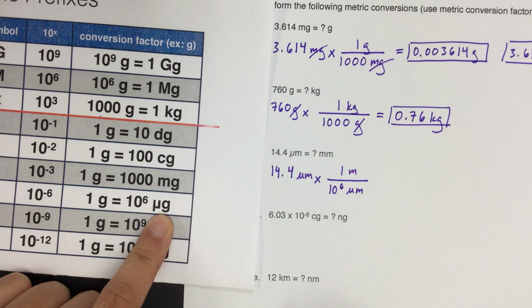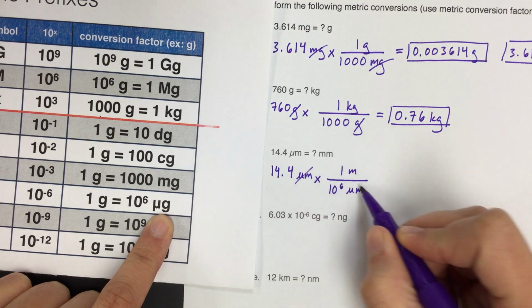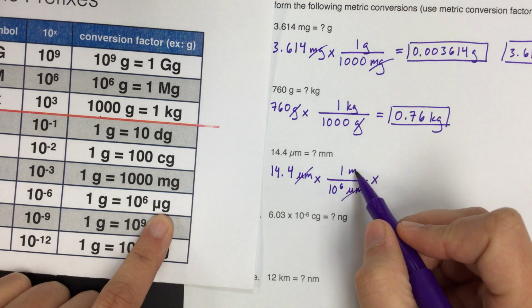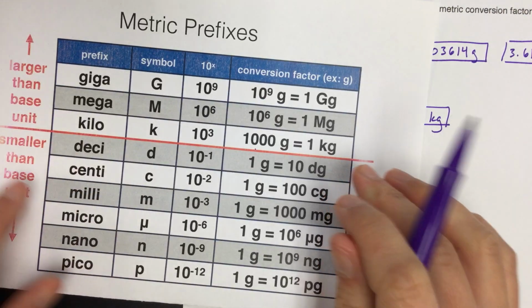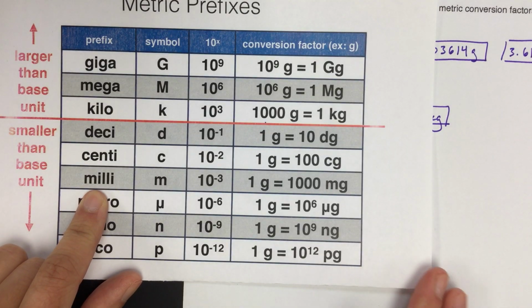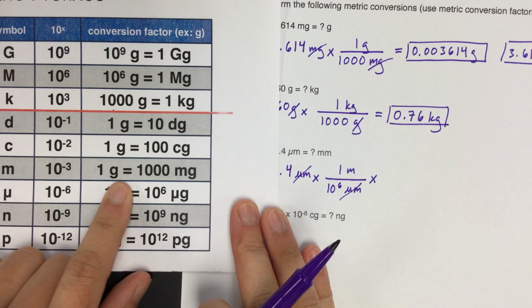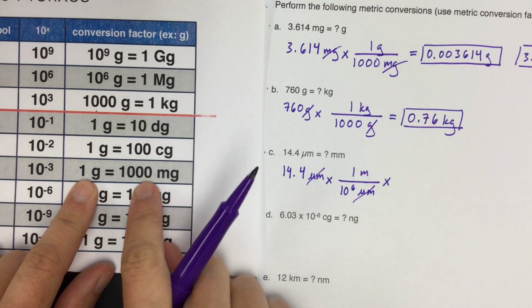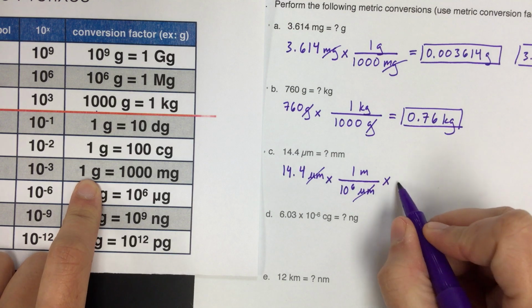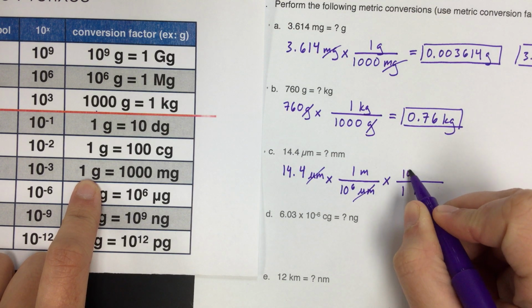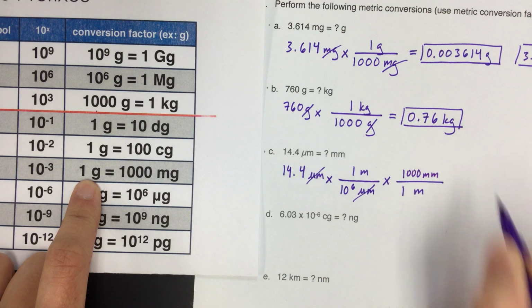Okay, so that's not the end. We still need to convert to millimeters, but that gets us to the base unit, which makes it easier to work from there. So micrometers cancel. We still need one more step to convert meters to millimeters, which is another relationship. Here's milli, and the relationship is that 1 meter is equal to 1,000 millimeters.